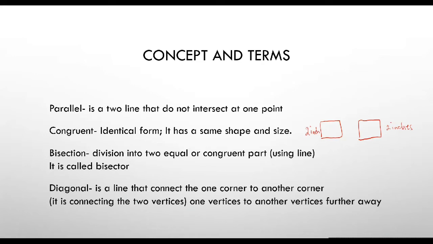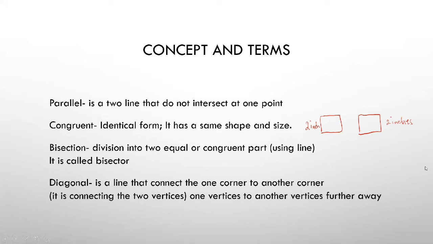Okay? Next is the bisection. Bisection means a division into two equal or congruent parts. We use a line which is called the bisector. Again, bisection is when we divide our plane figure or a line or anything into two equal or congruent parts.